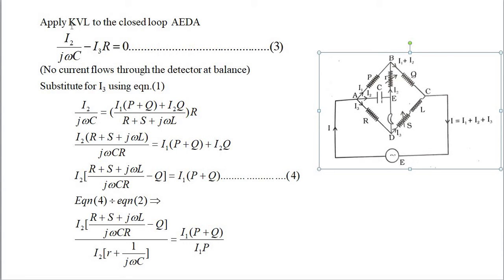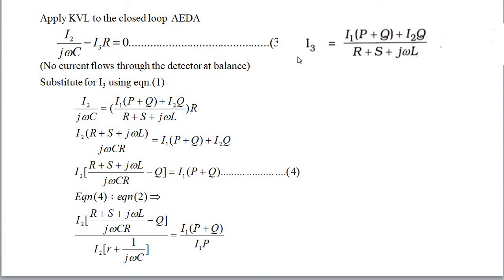Okay. So when we substitute the equation for I3 in equation 1, so this is the equation number 1, that is I3 is equal to I1 plus I1 into P plus Q plus I2 Q divided by R plus S plus j omega L. This is the equation for I3.